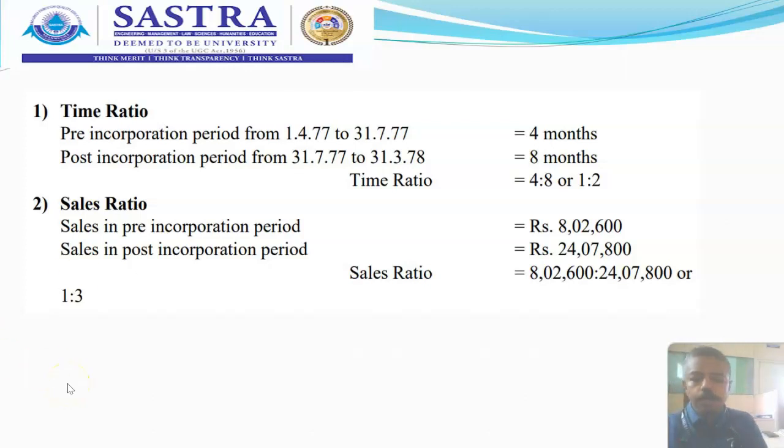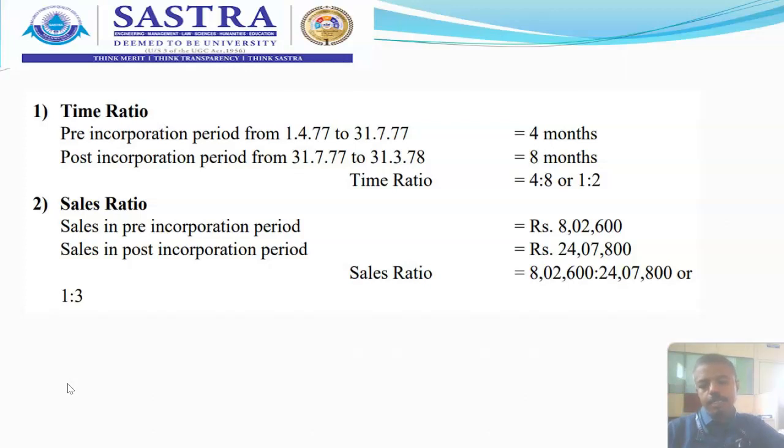Now let me take you through the calculation of sales ratio. So how is the sales ratio calculated? Here they have given the sales pre-incorporation as well as sales post-incorporation, which is given in the question itself.